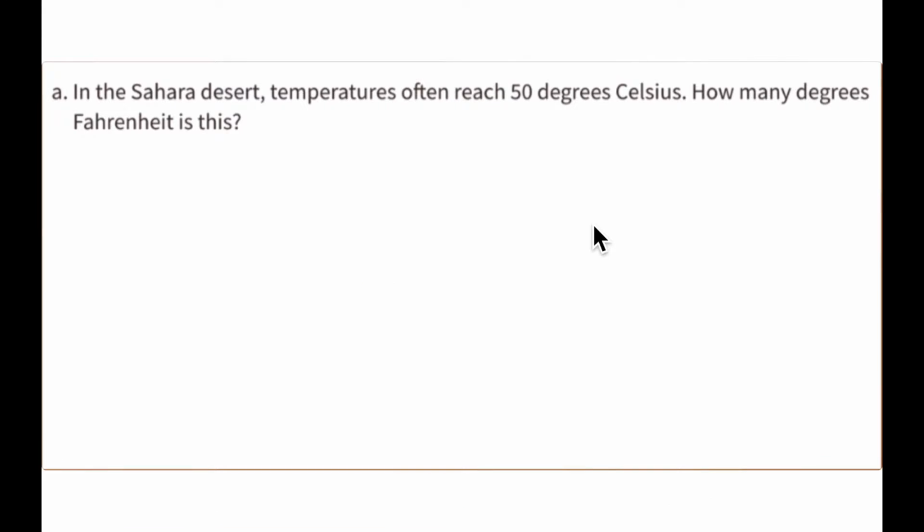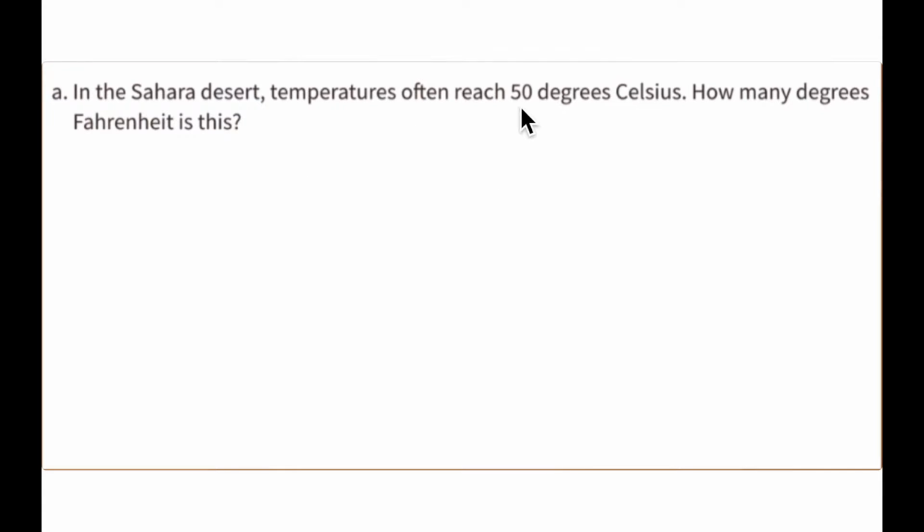In part A, you're going to work with the equation that's written in terms of degrees Celsius because you're given degrees Celsius. So 50 degrees Celsius, and you're going to use that equation to calculate what the temperature is in degrees Fahrenheit. So now remember, a degree Fahrenheit is larger than a degree Celsius. It's 9/5 a degree Celsius.